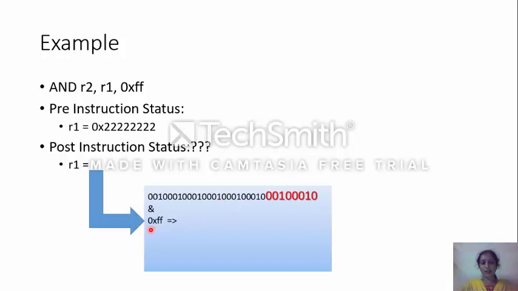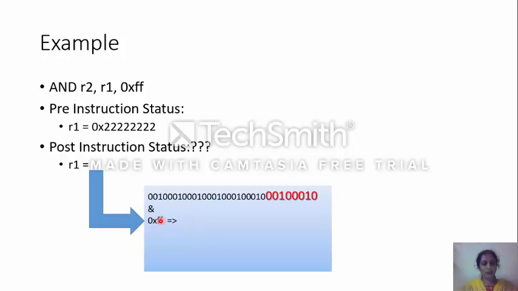It is ANDed with FF. You can say that this number is nothing but 000000FF. When I say 100, it can also be 0000100, or 000000100. You can add any number of zeros before the number.